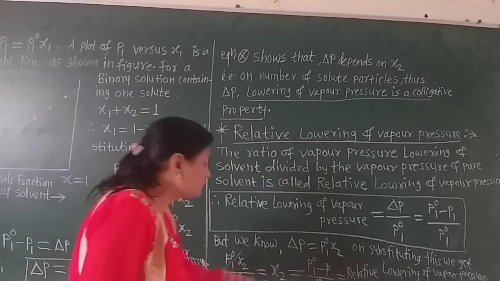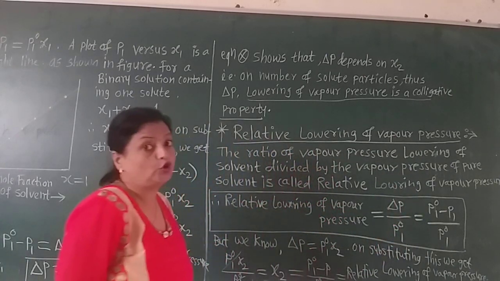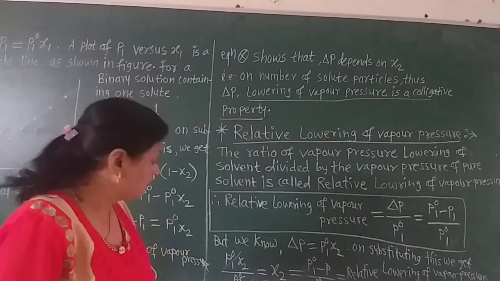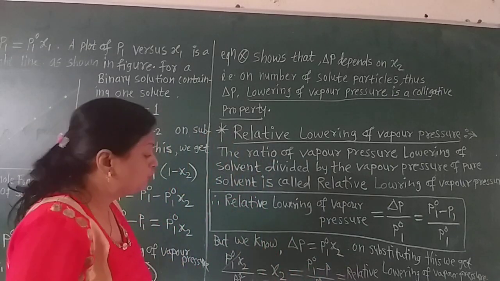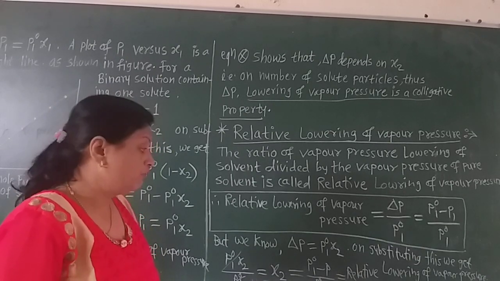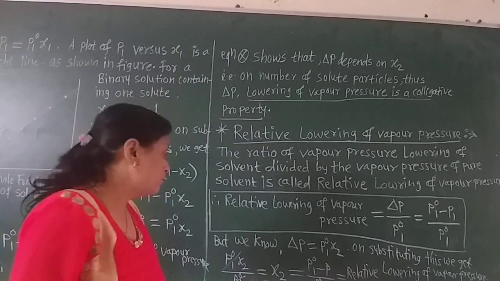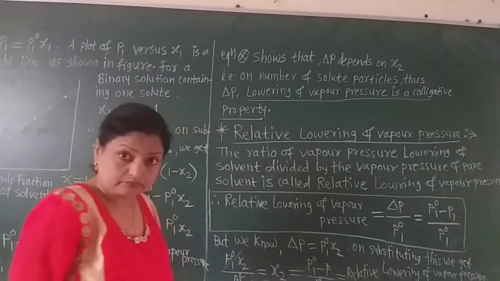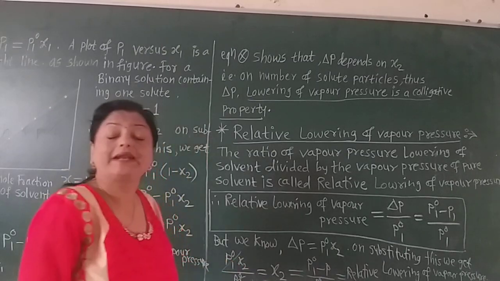So X2 is equal to what then? This is nothing but X2, the mole fraction of the solute. So X2 is equal to the relative lowering of vapor pressure, P01 minus P1 upon P01. Now what does this show? The relative lowering of vapor pressure depends upon the mole fraction of the solute.